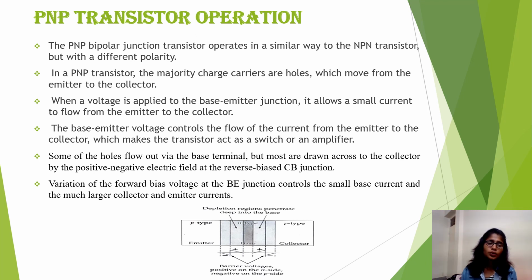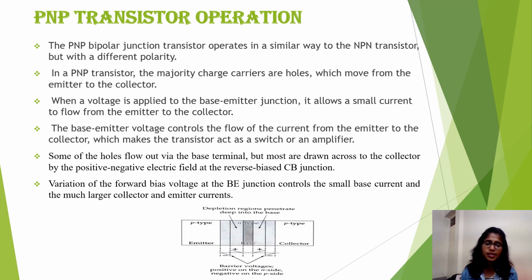So, now PNP transistor operation. The PNP bipolar junction transistor operates in a similar way to the NPN transistor, but with different polarity. In a PNP transistor, the majority charge carriers are holes, which move from the emitter to the collector.